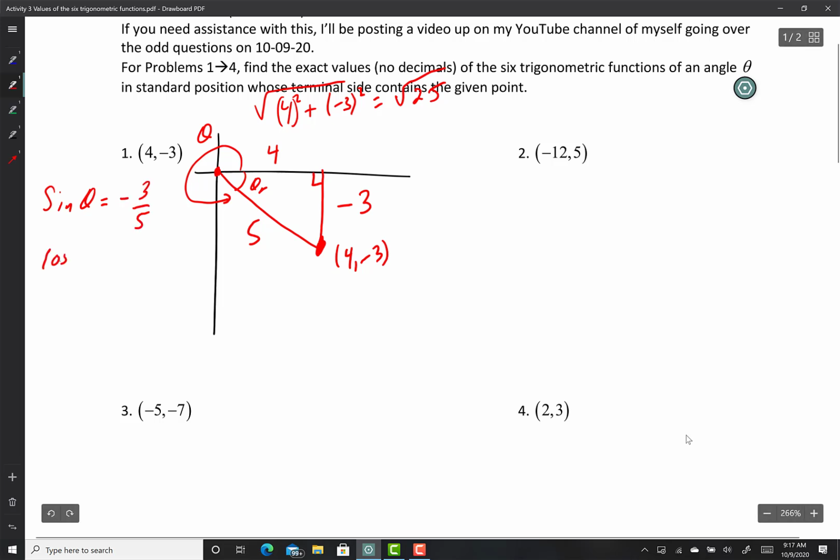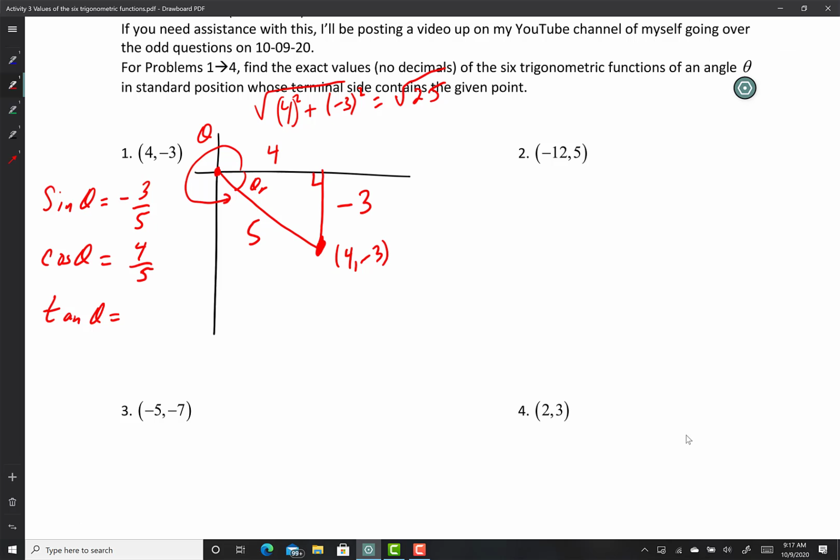Cosine angle, and again, here comes the squigglies. Cosine is adjacent over hypotenuse, so 4/5. Tan theta. Tan is opposite over adjacent, so -3/4. And then the other 3 are just the reciprocals, right?